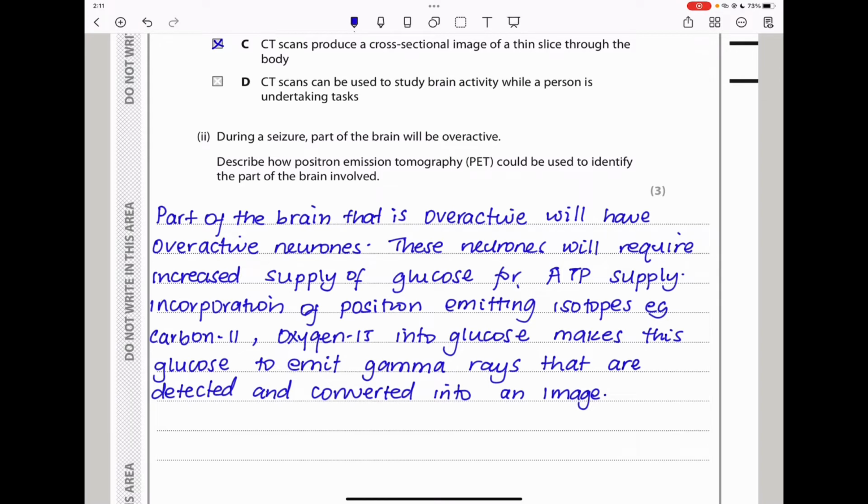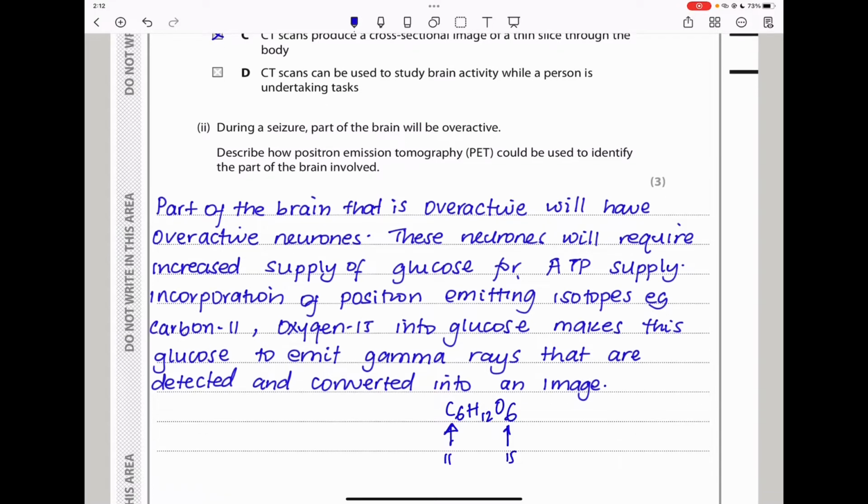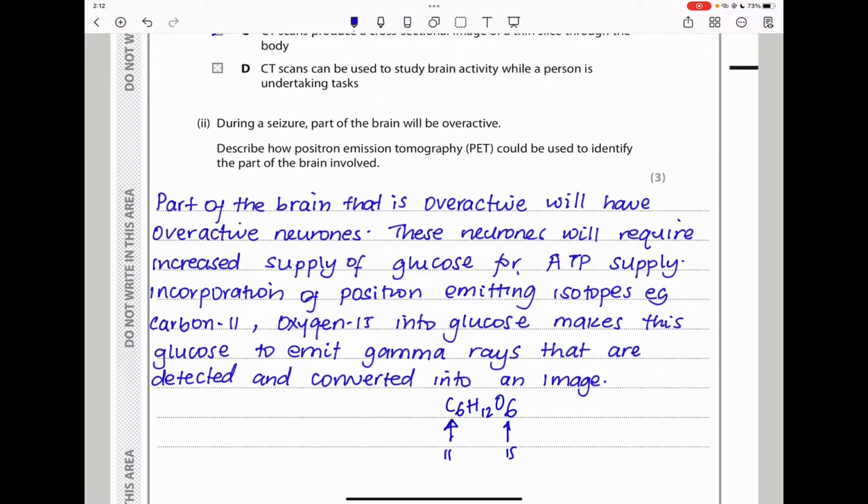Remember, glucose contains C6H12O6. So for some of these atoms, like carbon, you can use carbon isotope 11, or you could decide to use oxygen isotope 15. These are going to be emitting radiation, so you can observe. Maybe you can use only carbon with isotope 11, or you could just use oxygen 15, and that's it. So these can emit radiation, and therefore you can trace which regions are being overactive, and therefore create an image that is required.